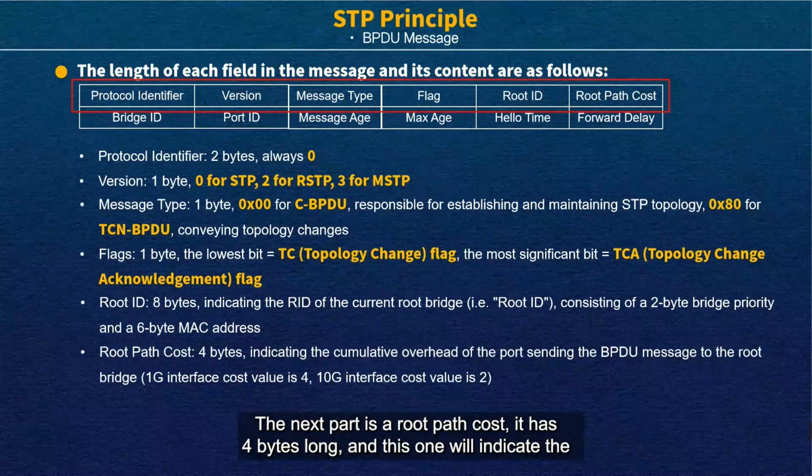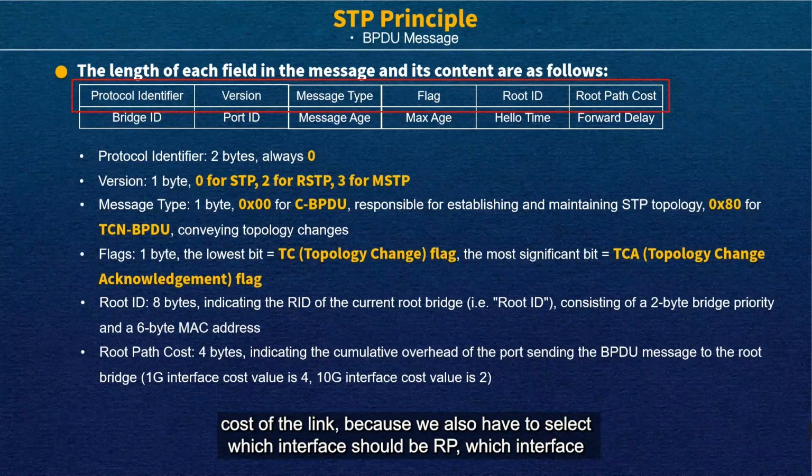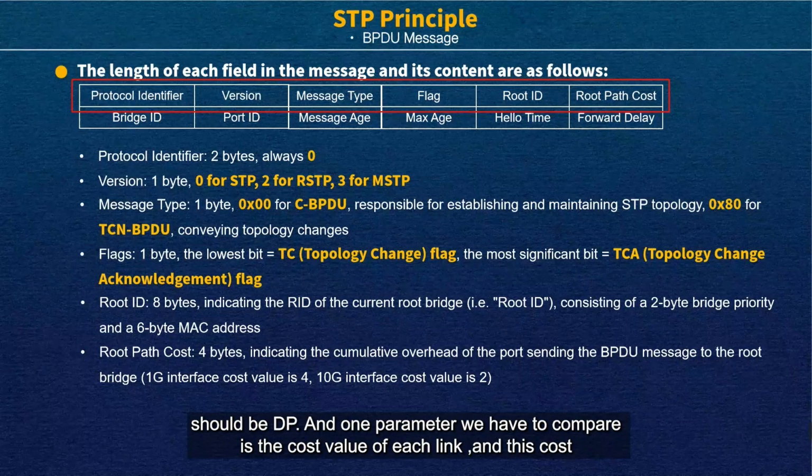The next part is the root path cost. We have 4 bytes long. And this one will indicate the cost of the link, because we also have to select which interface should be RP, which interface should be DP, right? And one parameter we have to compare is the cost value of each link.